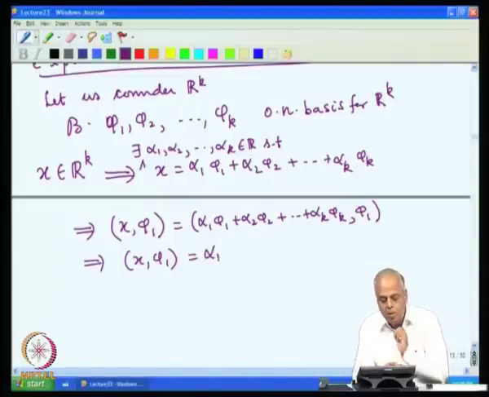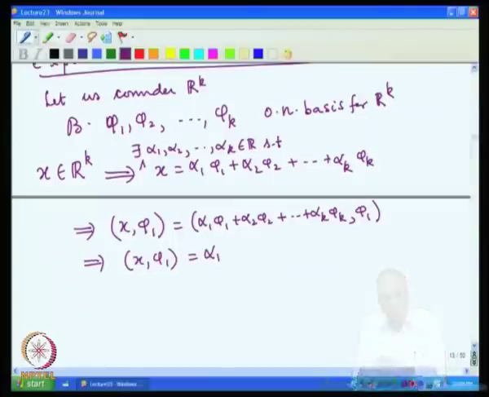So, the coefficient of phi 1 in the expansion of x is precisely the dot product, or the inner product, of x with phi 1. Similarly, the coefficient of phi 2 will be the dot product of x with phi 2, and so on and so forth.